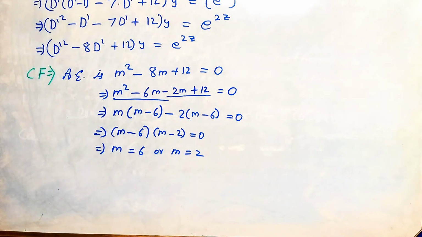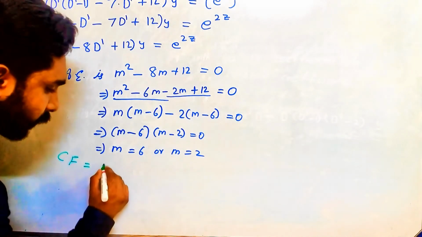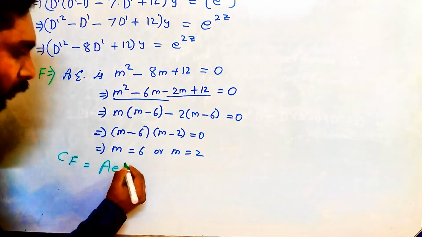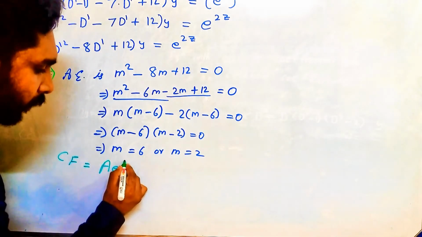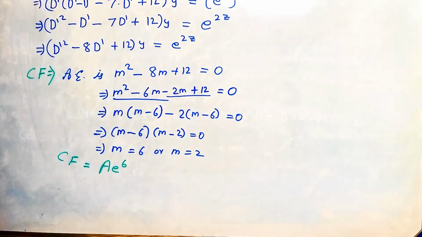So when roots are real and different, we have the formula to find the complementary function. Complementary function is equal to a e to the power m1x.